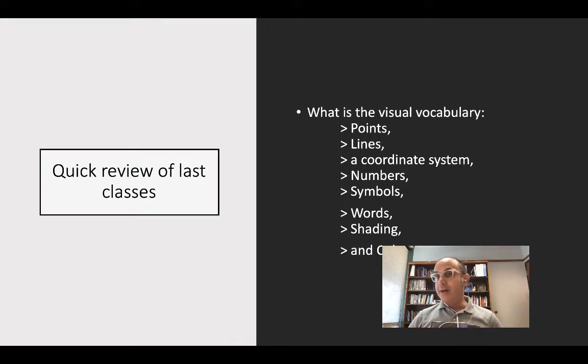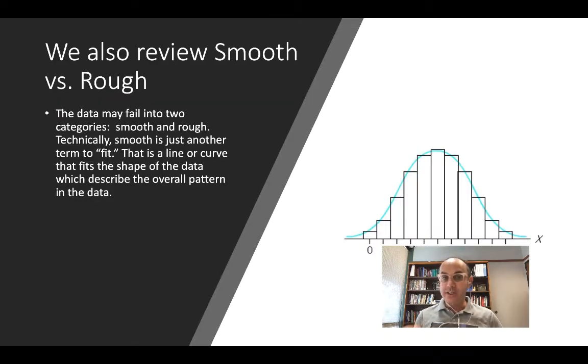So far we talked about visual vocabulary. We talked about points, lines, numbers, symbols, words, and all of that is part of the tools or the vocabulary that you use in your canvas. And your canvas is where you're going to generate the visualization.